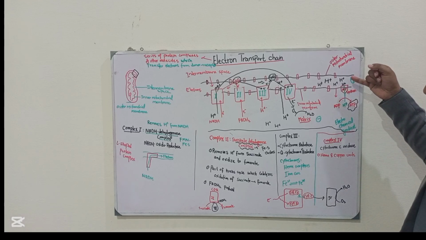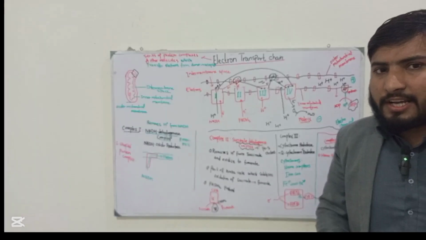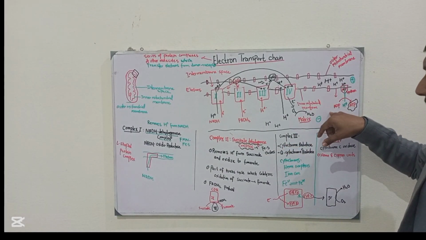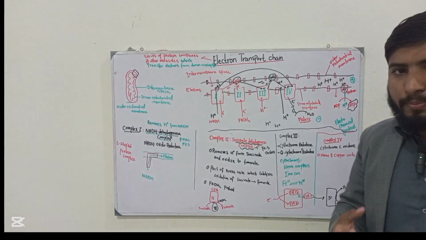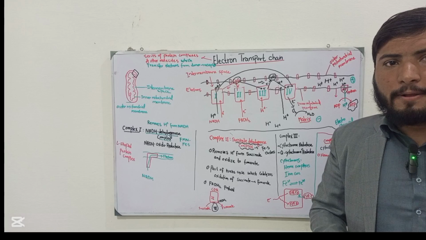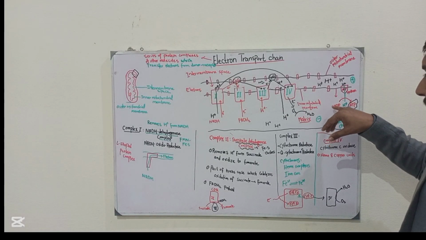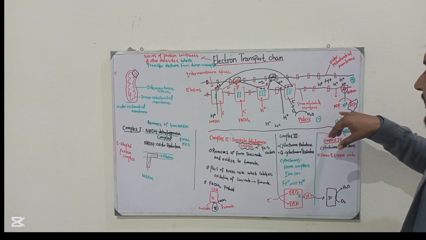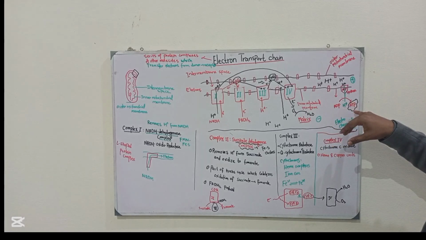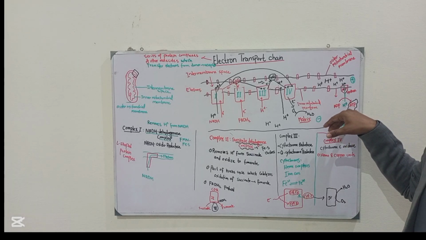It moves hydrogen ions from the intermembrane space to the matrix of the mitochondria, and ATP is produced. ADP is converted into ATP, and this is the energy currency of the cell.